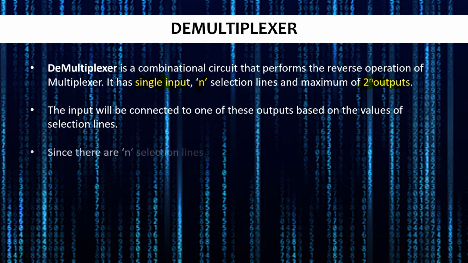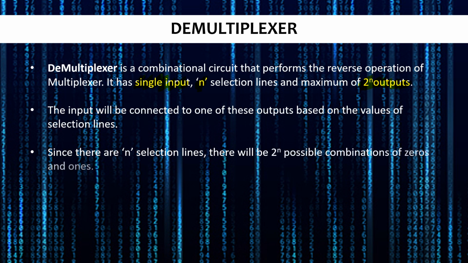Since there are n selection lines, there will be 2 raised to n possible combinations of 0 and 1. This is the universal truth for binary numbers, because if we have n selection lines, then definitely there are 2 raised to n possible combinations. Each combination can select only one output, right?